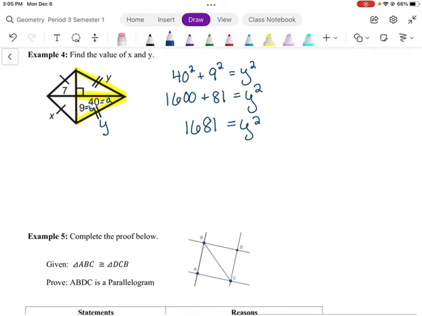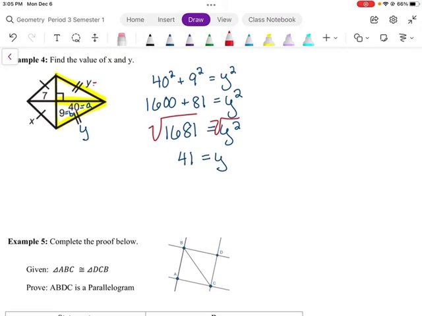Let me just grab my calculator. I will do the square root of 1,681. And that is going to be 41 equals y. And this one is an exact answer, so we don't need the about equal to symbol. So we know that one is 41.